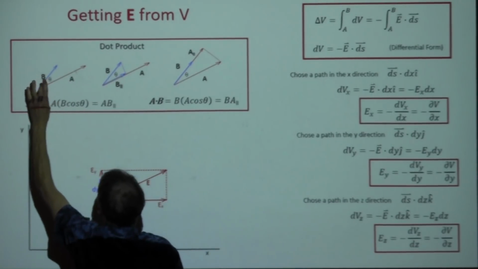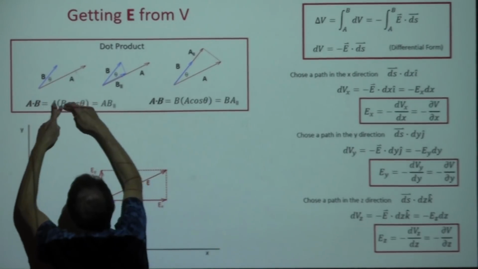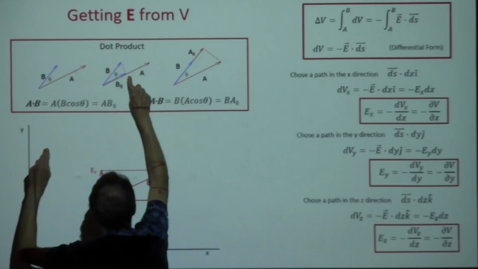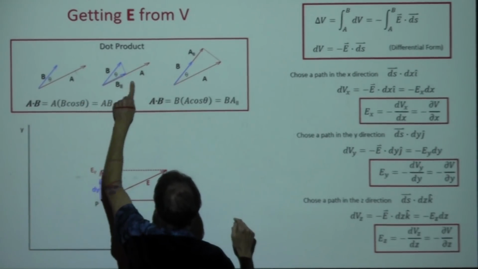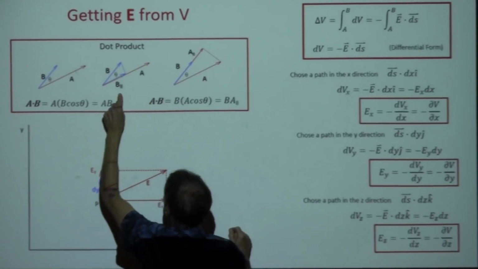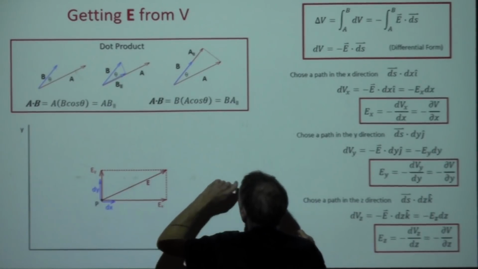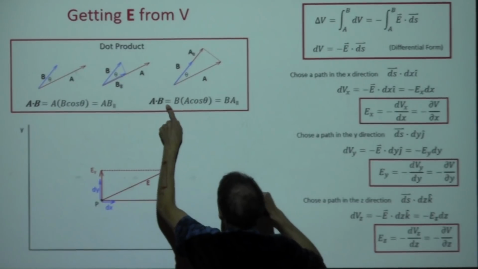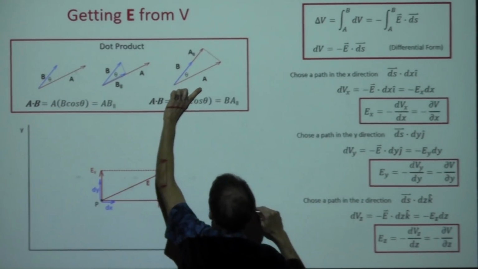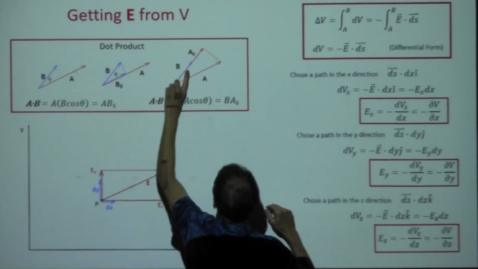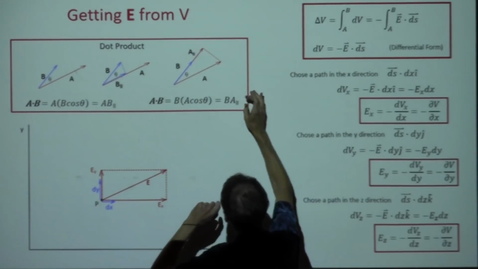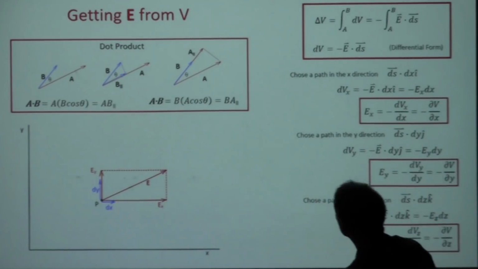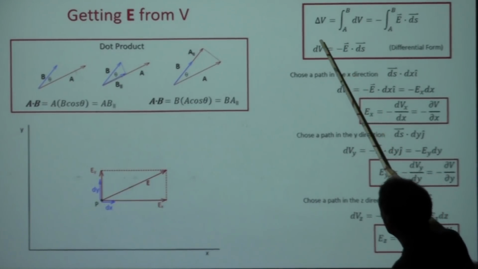B times the cosine of theta is going to give us some component of B along A, parallel to A, and we just need to say A times that parallel component. Same thing applies if we want to take A times the cosine of theta. A times the cosine of theta is A parallel, and we just take it times B. Hopefully you've seen that idea, but think of it in terms of getting the change in potential.